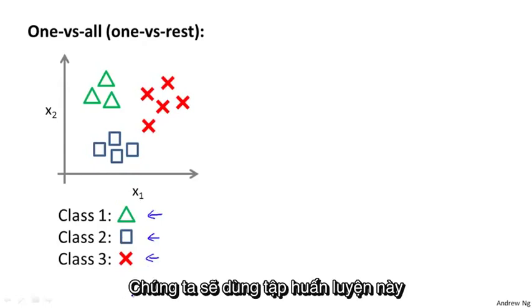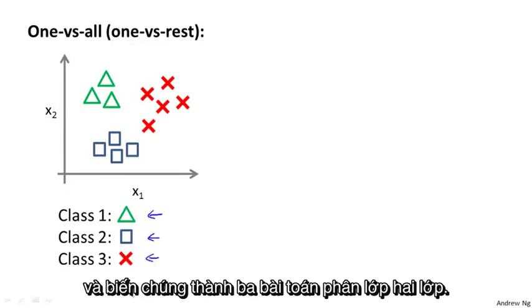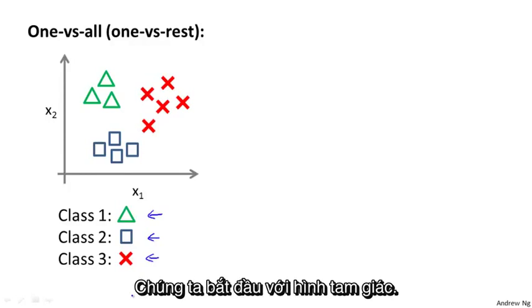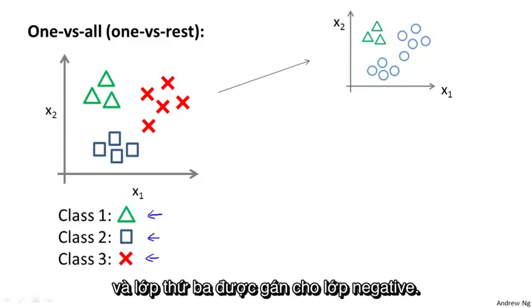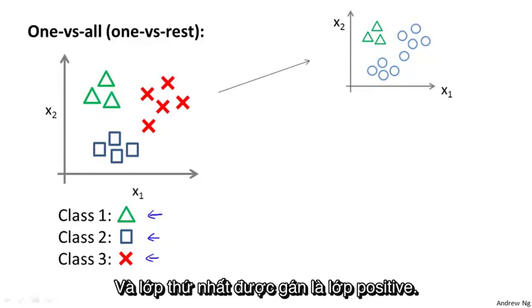What we're going to do is take our training set and turn this into 3 separate binary classification problems, or turn this into 3 separate 2-class classification problems. So let's start with class 1, which is a triangle. We're going to essentially create a new sort of fake training set where classes 2 and 3 get assigned to the negative class, and class 1 gets assigned to the positive class.